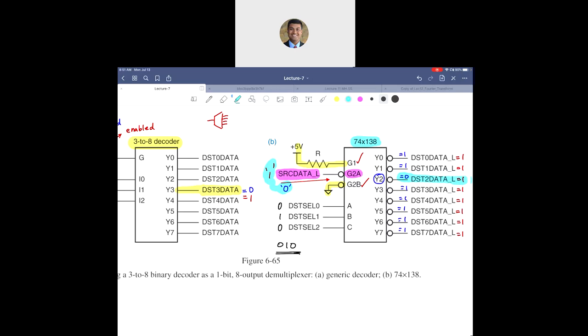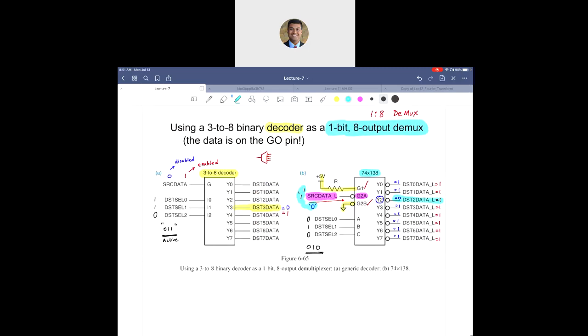So that's how we synthesized a 1 to 8 demux using a decoder, by using enable as the input data source, which is written over here. The data is on the G pin, the enable pin. All right, so I hope you find that helpful.